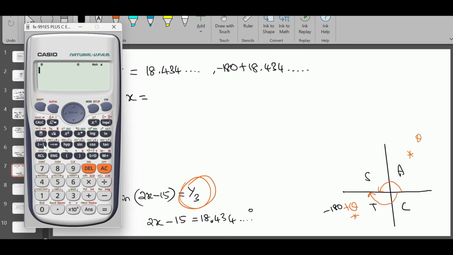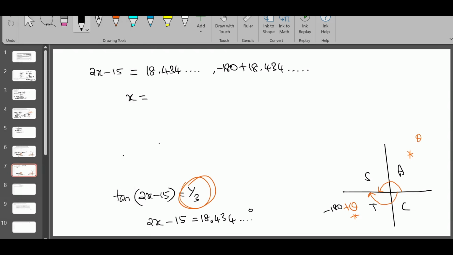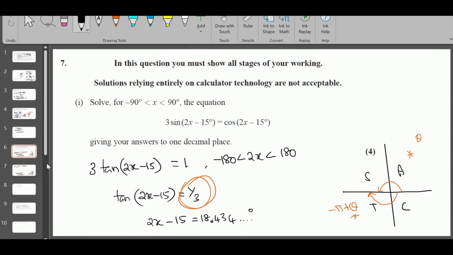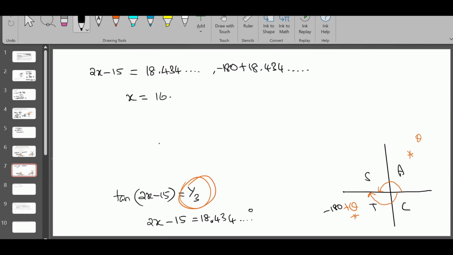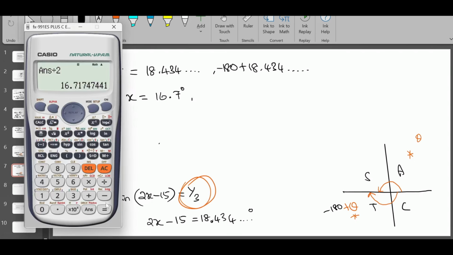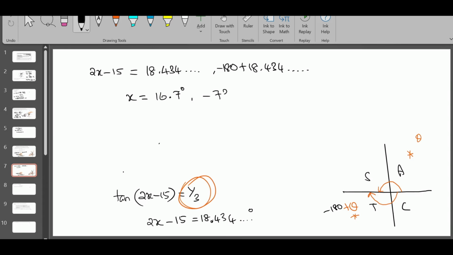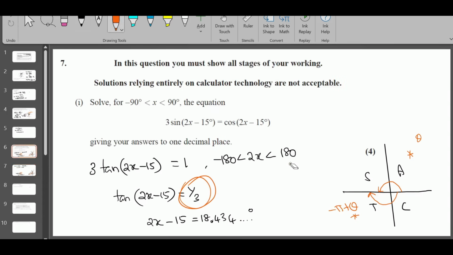We store the value as A plus 15 divided by 2, which is 16.7. They want the answer to one decimal place. So 16.7 degrees, and then minus 180 plus A plus 15 divided by 2 is minus 73.3 degrees. We got two solutions already.